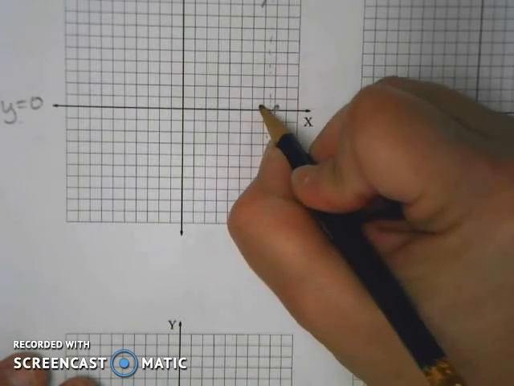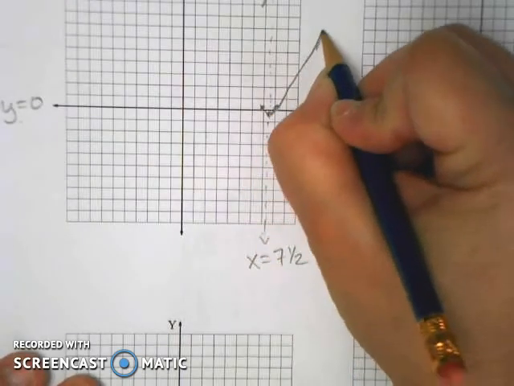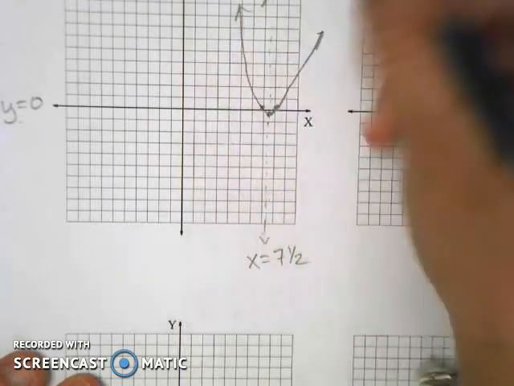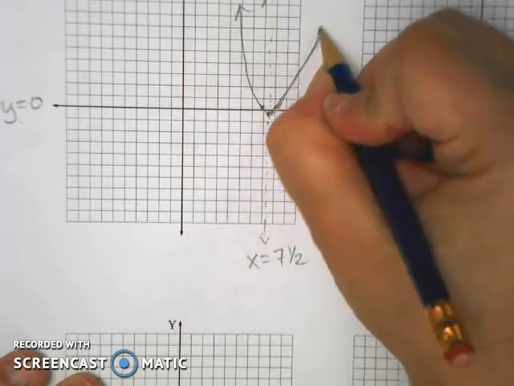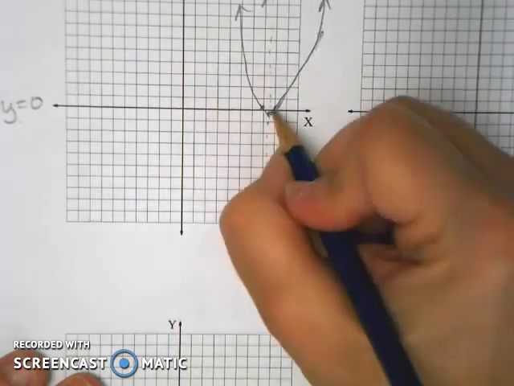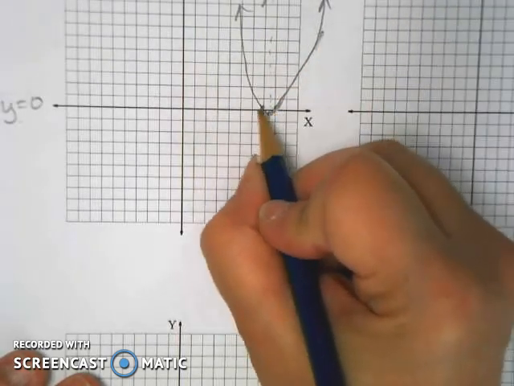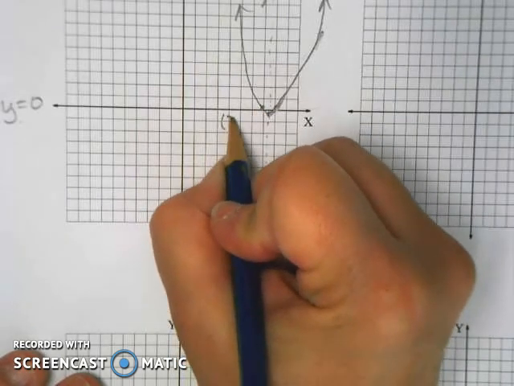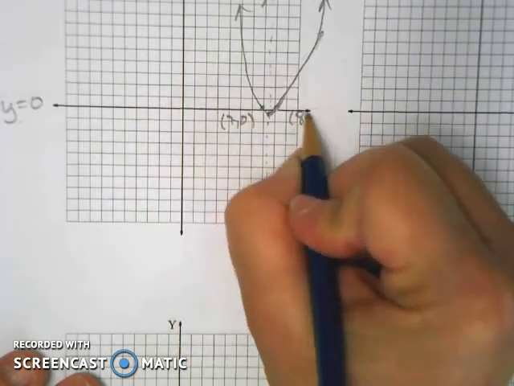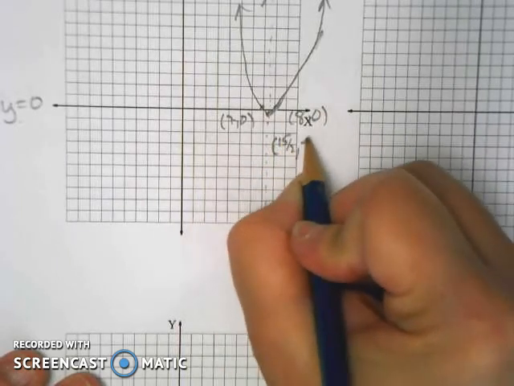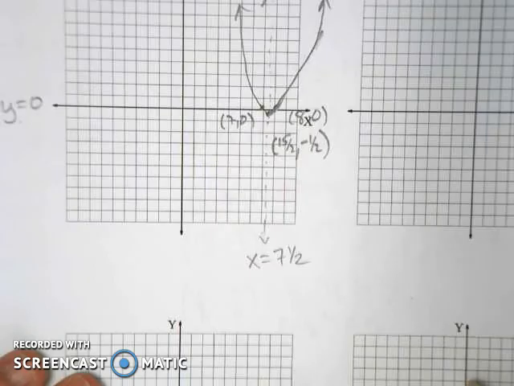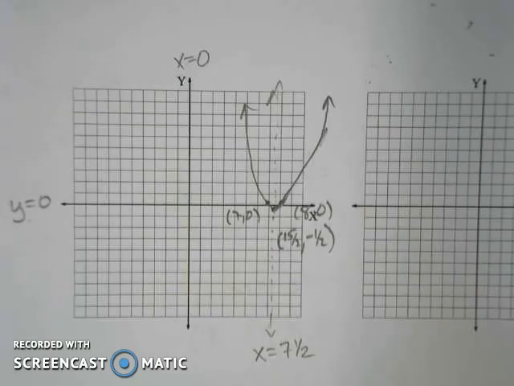Now, that's enough to go ahead and graph our parabola. The only thing I want to make sure I do is label these points. They are awfully close to each other, but we've got (7, 0), (8, 0), and then this one is (15/2, -1/4), just to make sure that we've got everything labeled that we can.